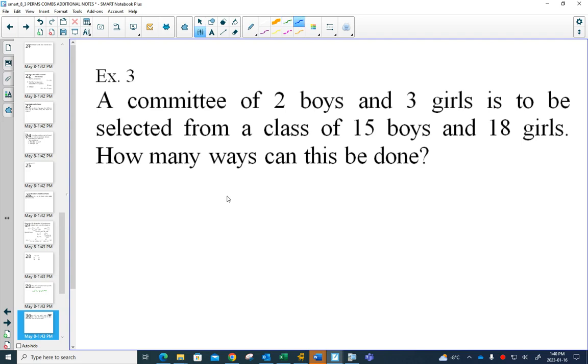Committee questions are typical combinations questions. A committee of 2 boys and 3 girls is to be selected from a class of 15 boys and 18 girls. How many ways can this be done? Well, there are 2 decisions. You have to decide which boys and which girls. The number of choices for boys is going to be 15 choose 2.